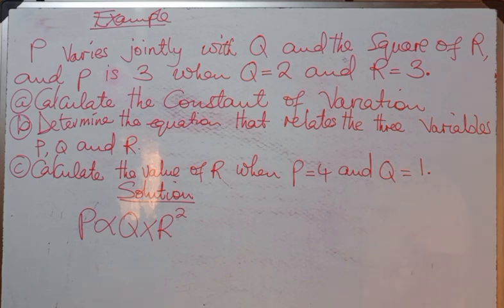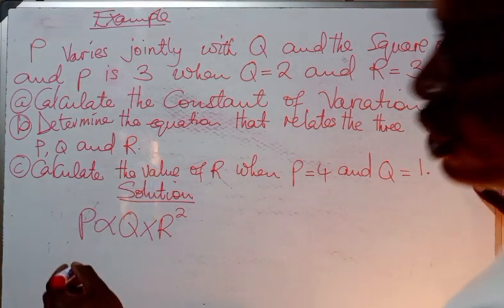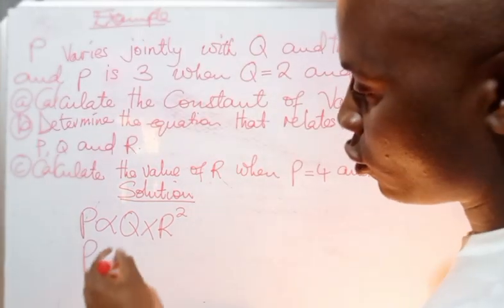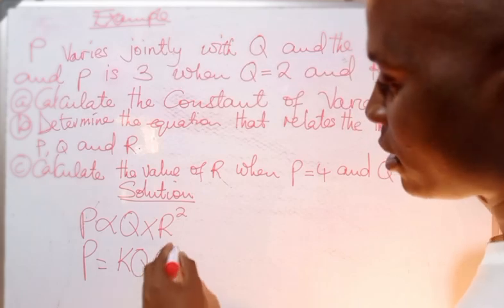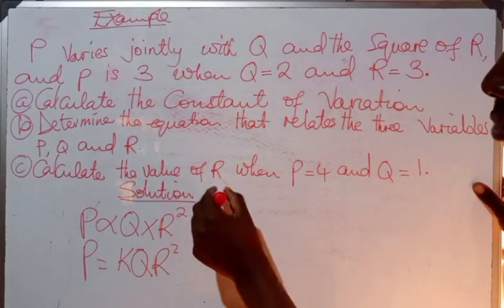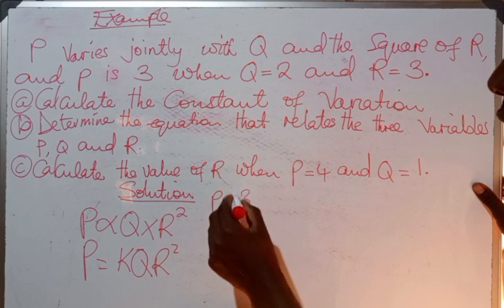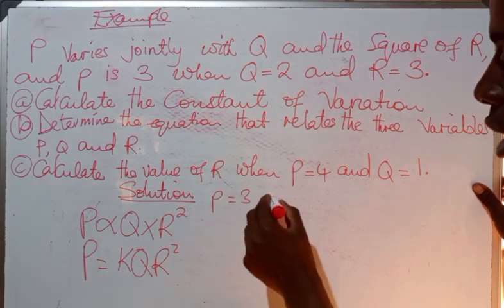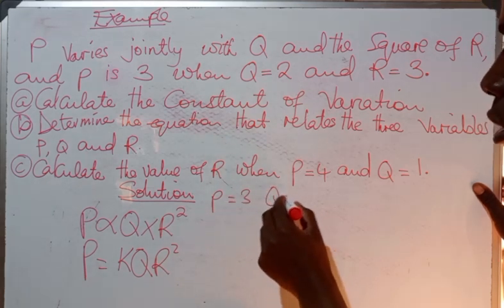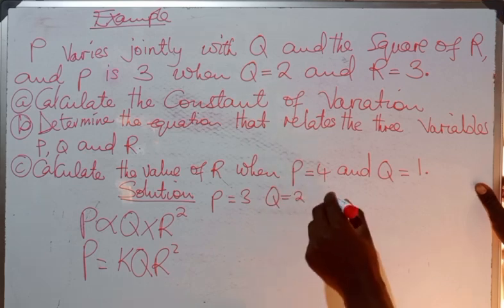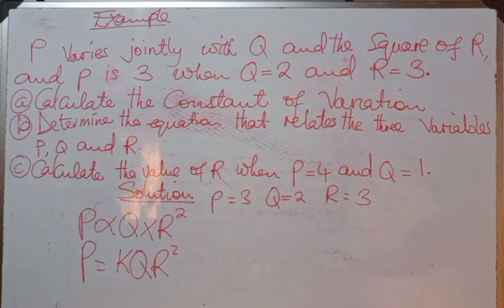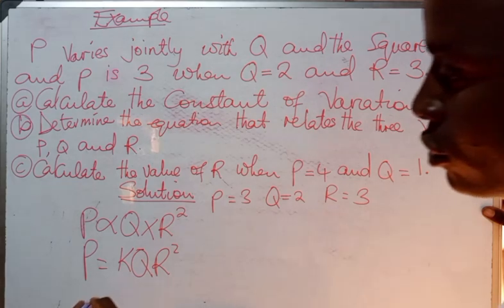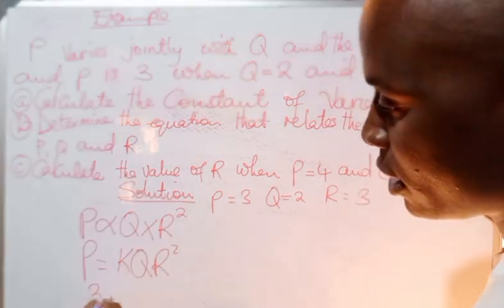So this will now be P is equal to K, Q, R squared. What is our P? Our P is 3. What is our Q? Our Q is 2, and our R is 3. Now we substitute. Where there's P, I'll put a 3.